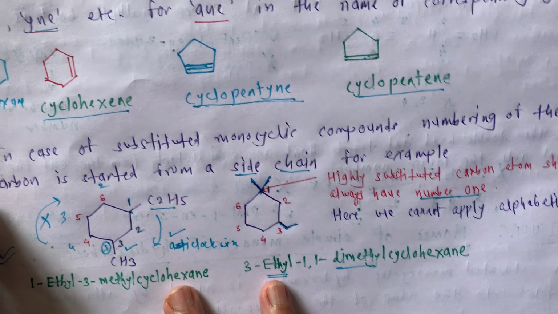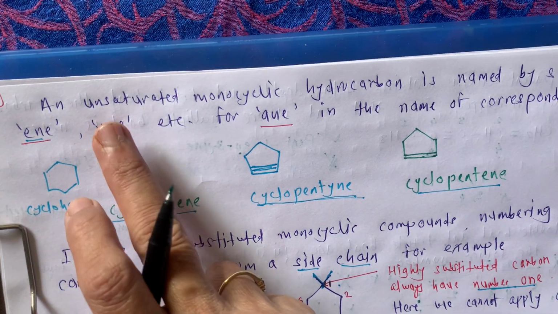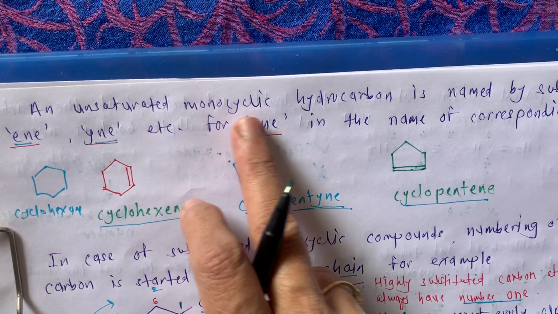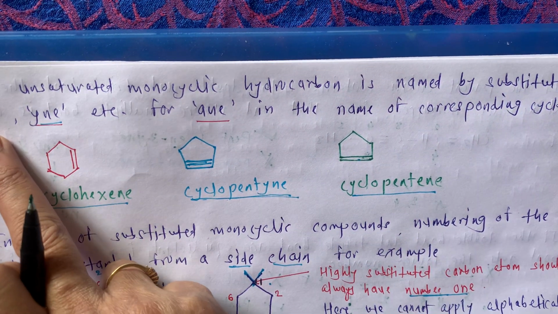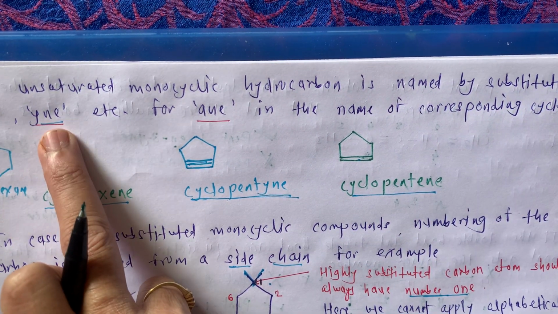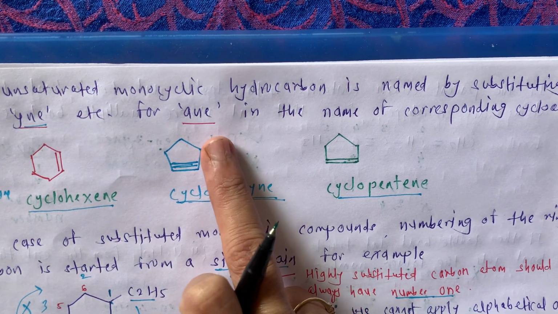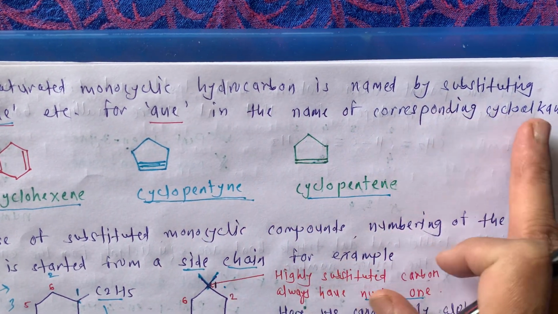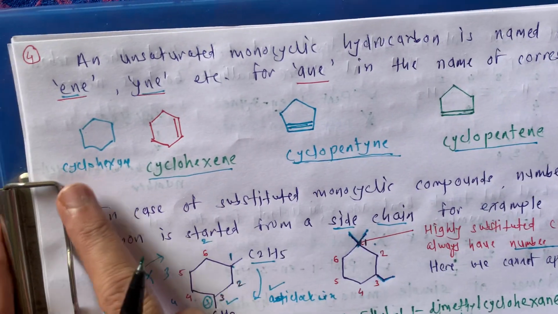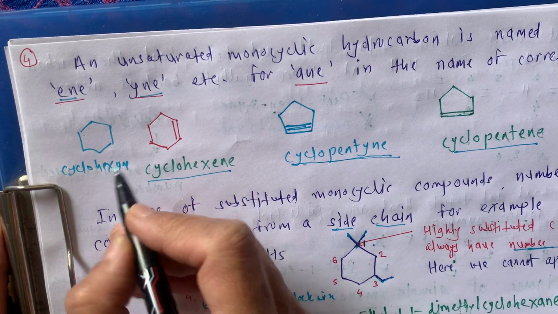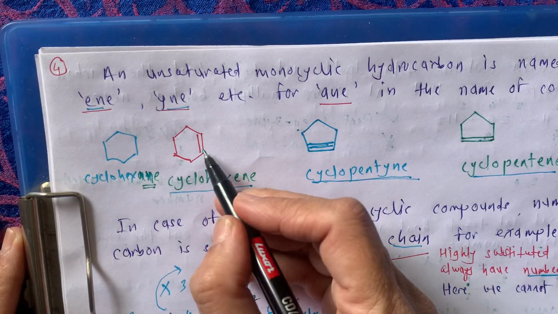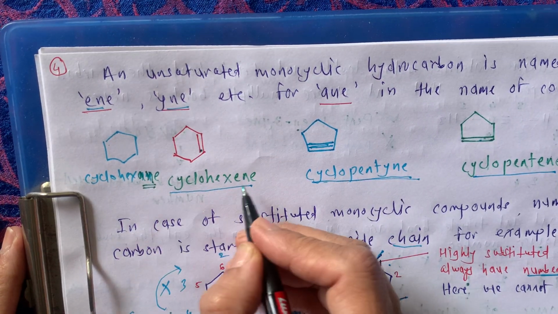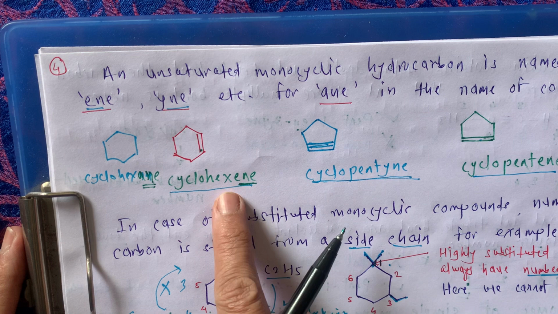Now see, an unsaturated monocyclic hydrocarbon is named by substituting ene or yne for ane in the name of the corresponding cycloalkane. See now, this is cyclohexane, ANE. But if there is a double bond, then ANE is replaced by ENE.